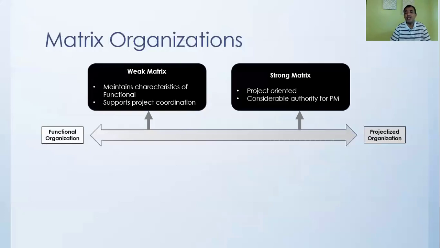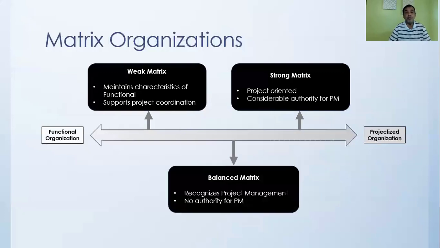Whereas if you look at a strong matrix, it is very close to project oriented, and there is considerable authority for the PM, the project manager. Like in a project-oriented organization, the PM calls the shots.